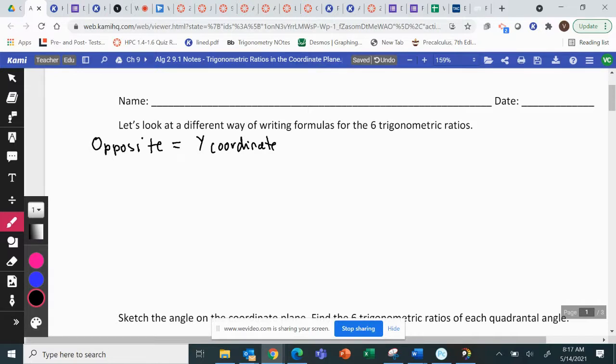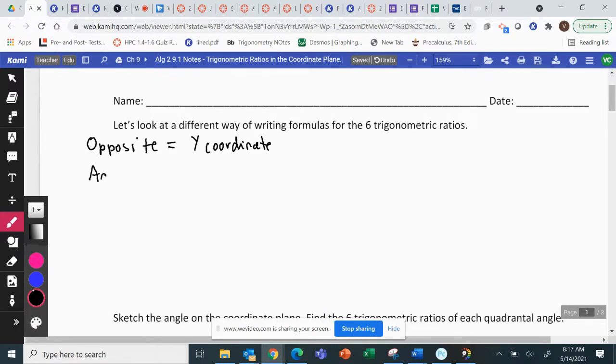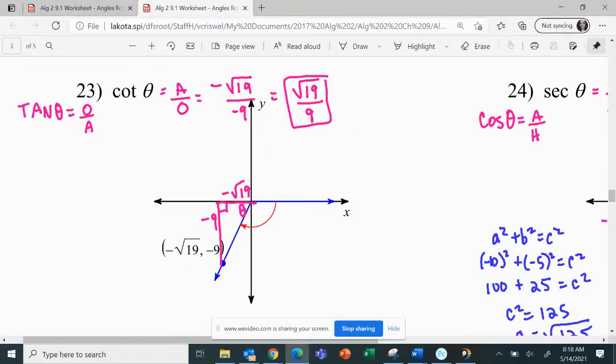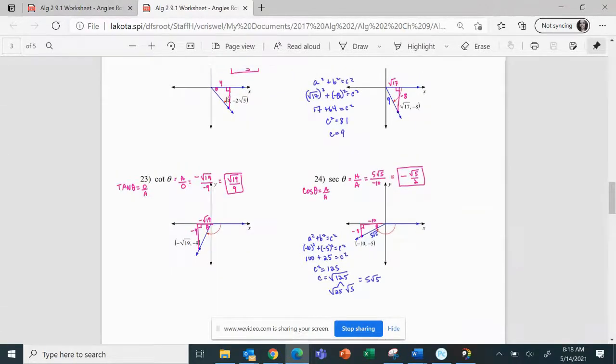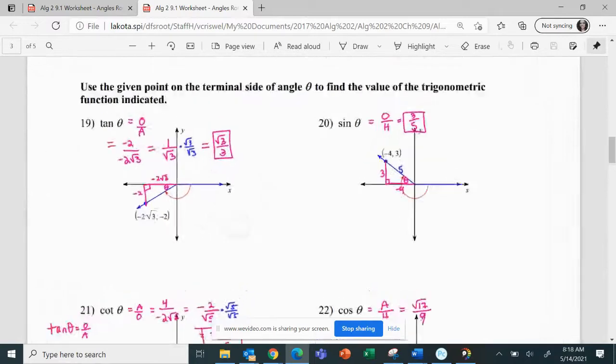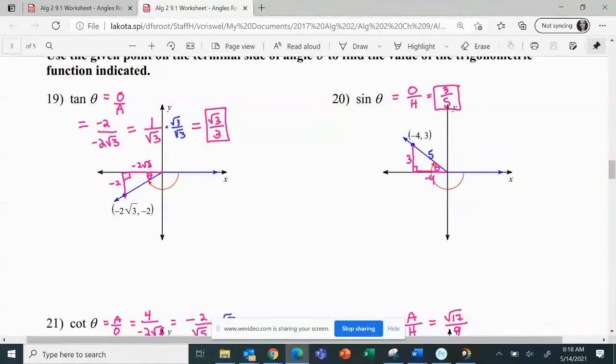So now let's go back, and we're going to look at what's the next thing? A, adjacent. We're going to look at these answers from yesterday, or last assignment, whenever you did it, and we're going to look at what the A is.